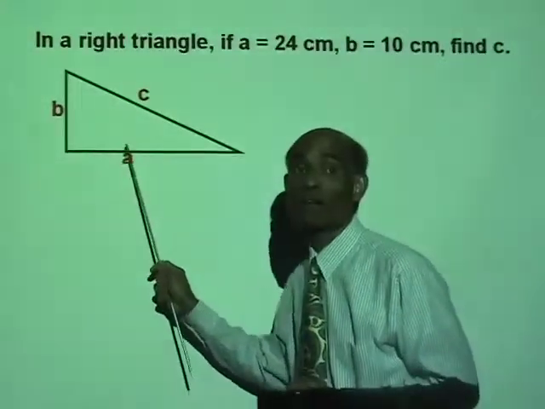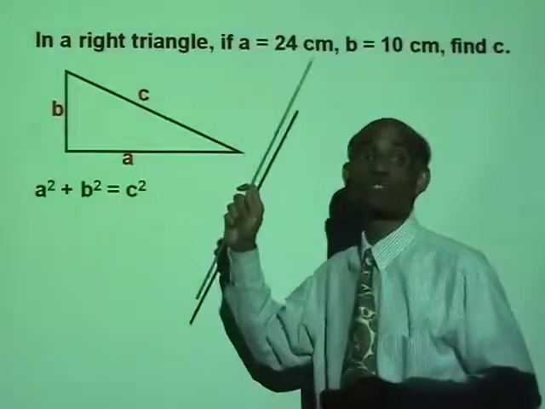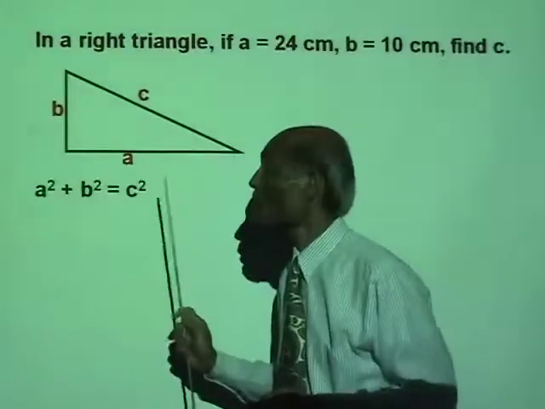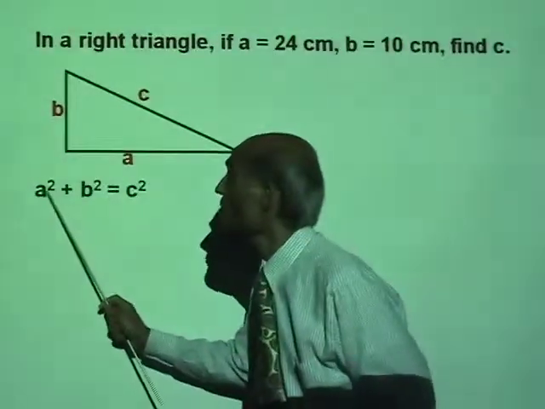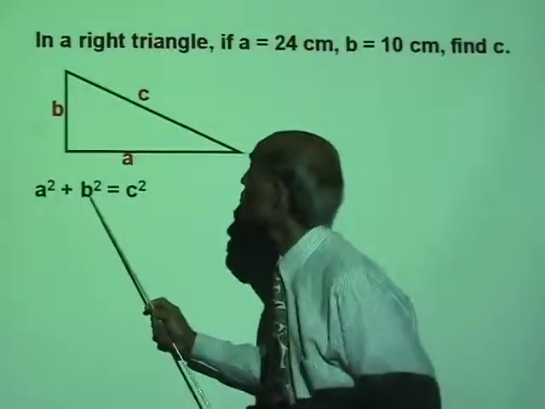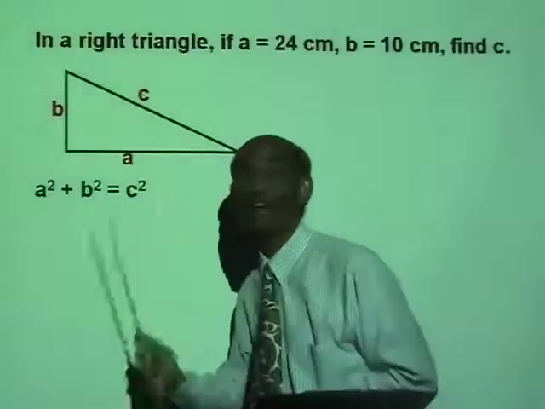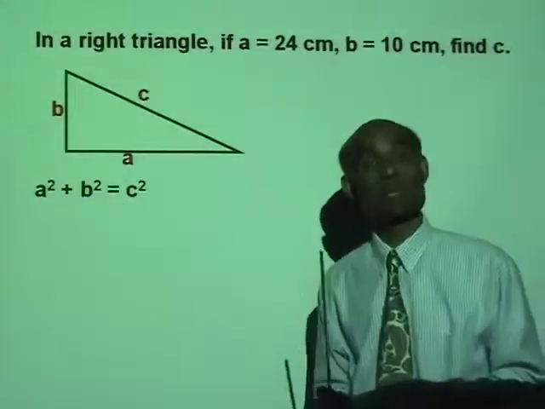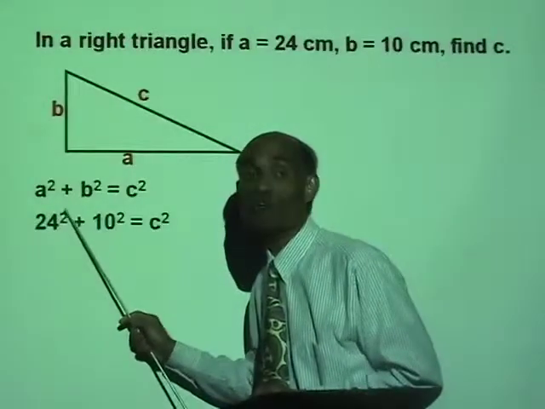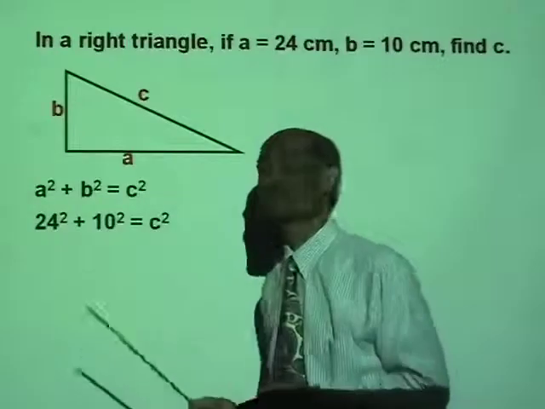A squared plus B squared equals C squared. There you are. And now what you do is replace your A by 24, replace your B by 10, and then find the value of C. So A is 24, 24 squared plus 10 squared equals C squared.